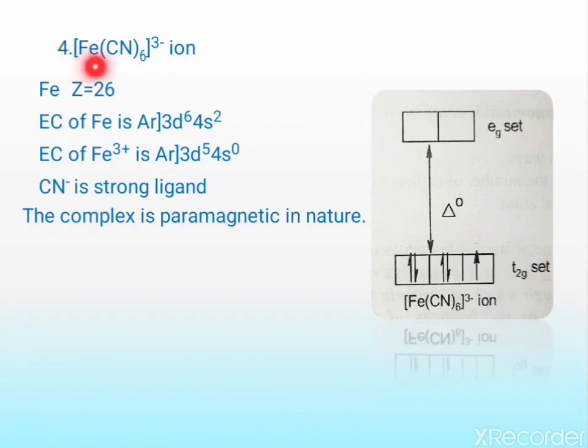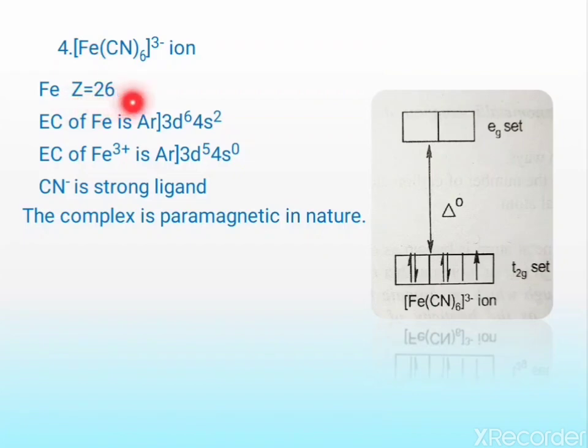This is the fourth complex, hexacyanoferrate(III). Cyano is a strong ligand. 3 minus is the charge of the complex ion, and CN minus, there are 6 ligands, making 6 minus, so the oxidation state of iron is 3 plus here.